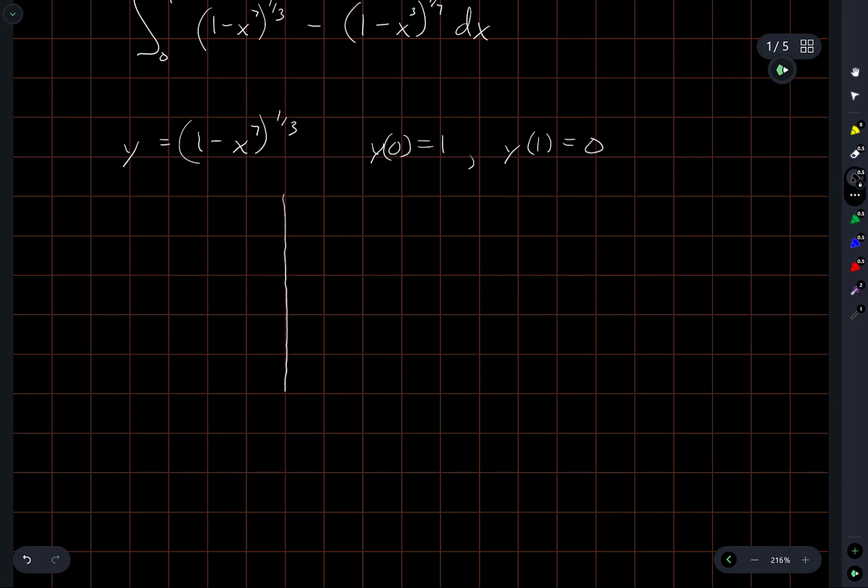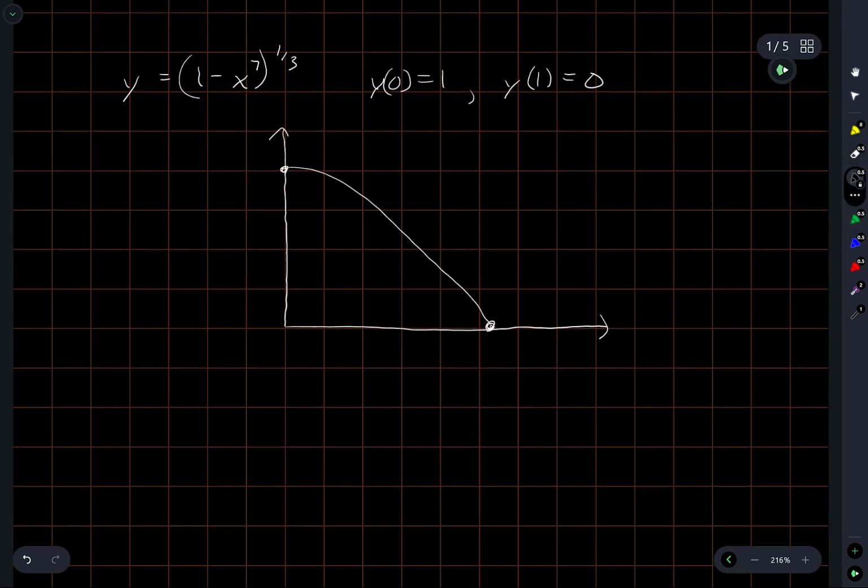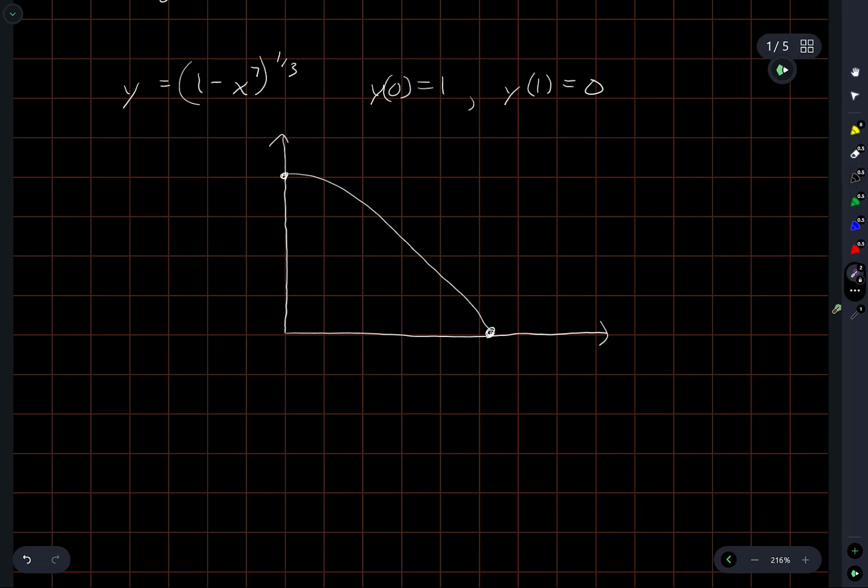And so if we plot what it might look like, I'm not going to plot exactly what it'll look like, but it'll be something which more or less decreases monotonically between 0 and 1, like this. The point being that the function is invertible over this range and it doesn't achieve any minima or maxima.